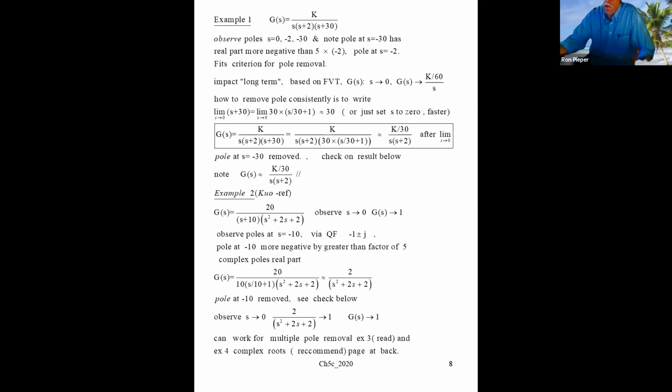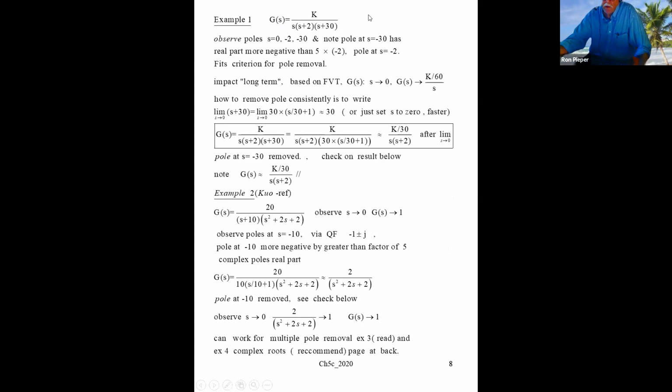All right, so here is our hypothetical first problem. And we see that, as indicated, we could argue that there are various terms in here. And we can simplify this expression using this dominant pole analysis. And we recognize that there are poles at s equal to 0, -2, and -30.